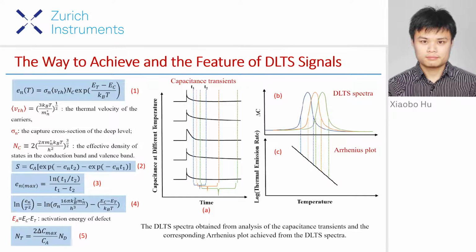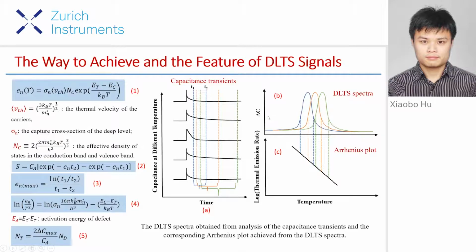Three different time intervals that define something called the rate window are marked with blue, orange, and green respectively. Take the blue marked time interval as an example. As the temperature is scanned, the difference between the capacitance at moment T1 and T2 would change consequently.